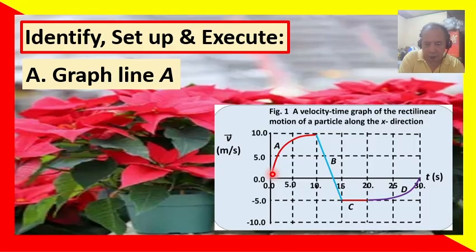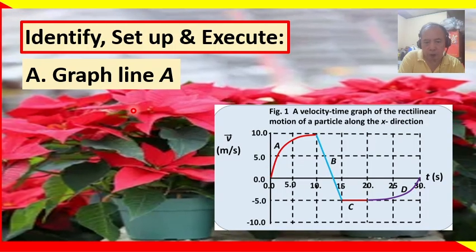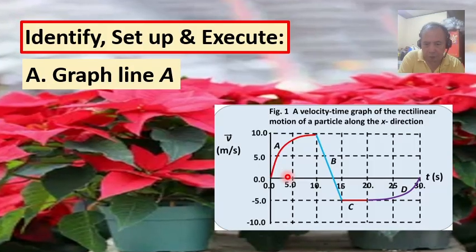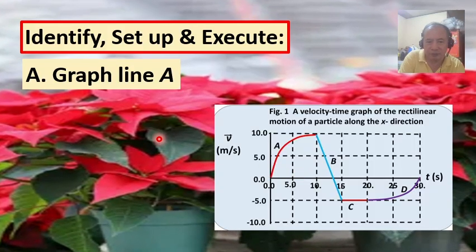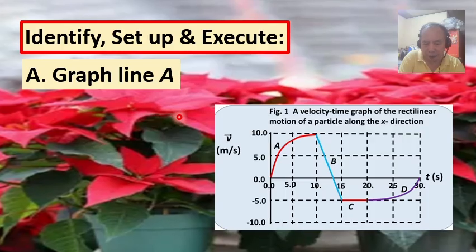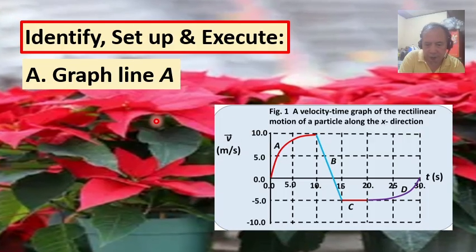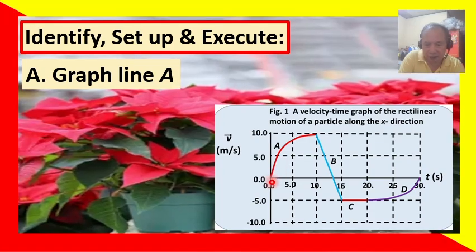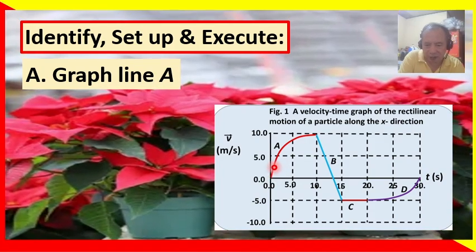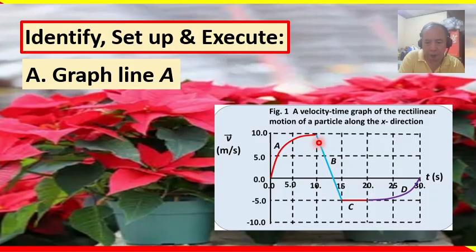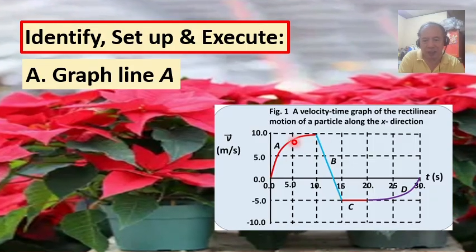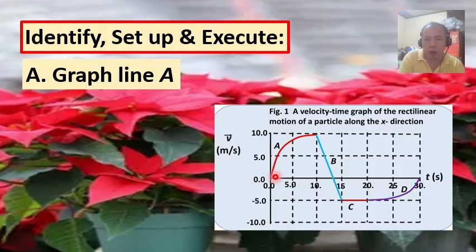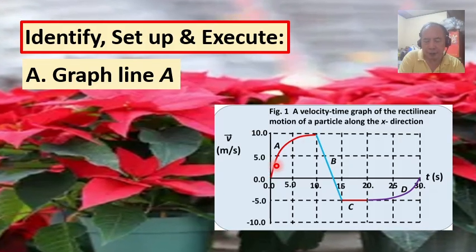So the slope of a velocity time graph, first of all, represents the acceleration of the body or the particle. Okay? So, like in this case, graph line A, as you can see, is sloping upward to the right, but it is not a straight line. Instead, it is a curve, right?